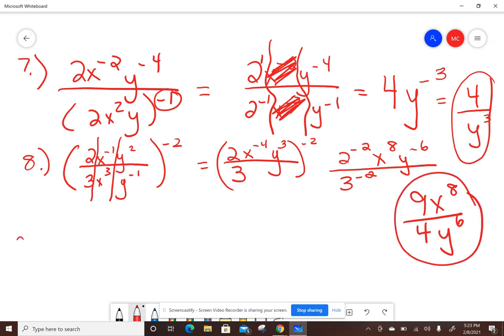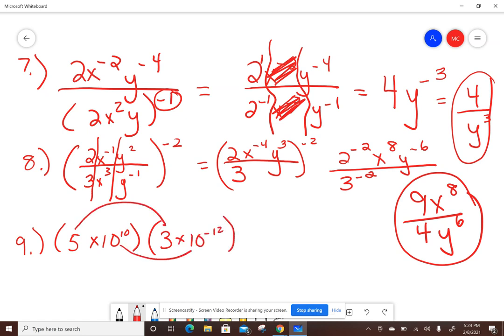And then number 9, I do 5 times 10 to the 10th times 3 times 10 to the negative 12. Number multiplies number, power multiplies power. I get 15 times 10 to the negative 2. And a lesser math student would stop there, not realizing that 15 is not between 1 and 10, therefore it's not scientific notation.